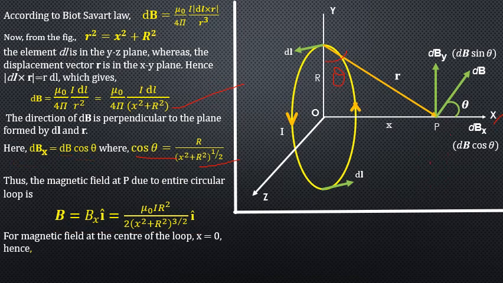If we want to determine the magnetic field at the center of the circular current carrying loop, then for center, you know that this distance x becomes 0. Obviously, at center O, x becomes 0. So, in order to find the magnetic field at center, we take x in this last equation as 0.